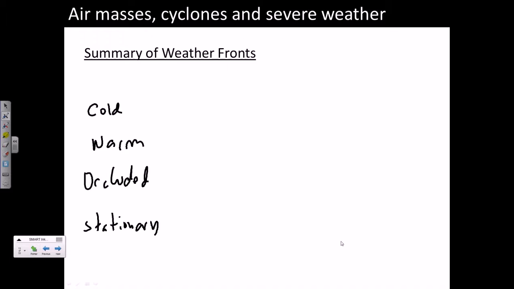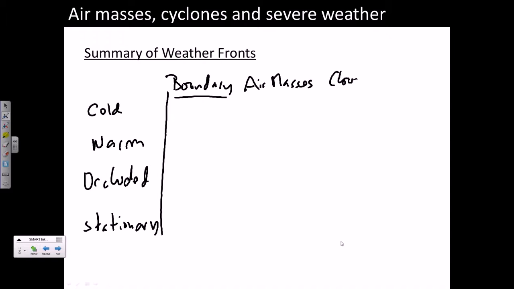So you really have four fronts involved here. And then we've got a boundary to think about, air masses that make up those fronts, clouds, and clouds lead us to thinking about weather and precipitation.